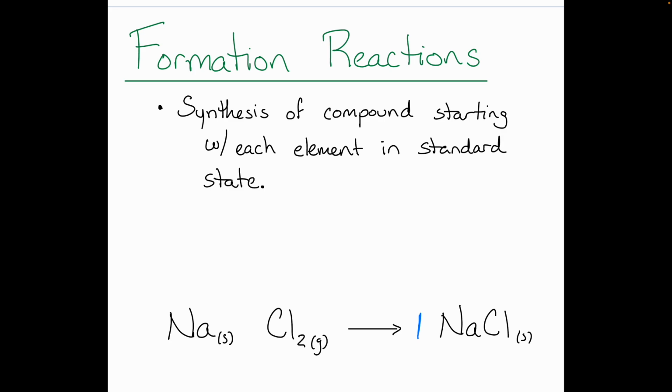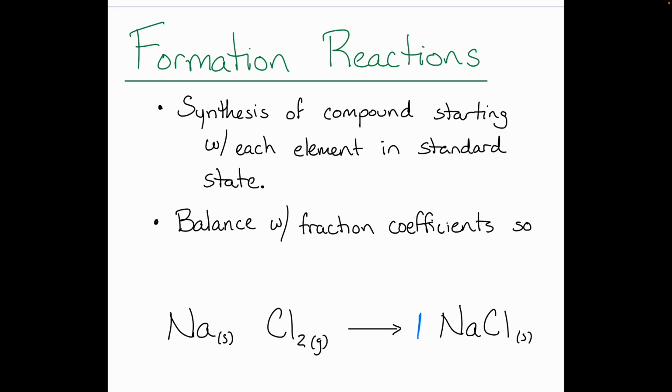All right? So formation reaction, synthesis of a compound starting with each element in its standard state, and we're going to balance with fraction coefficients so our product coefficient remains 1.